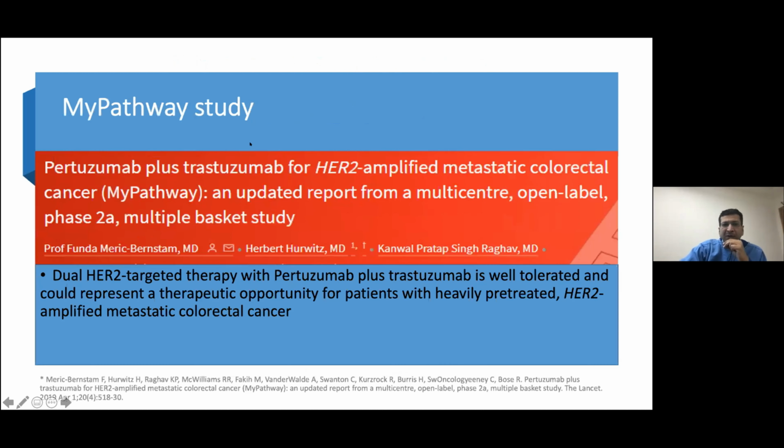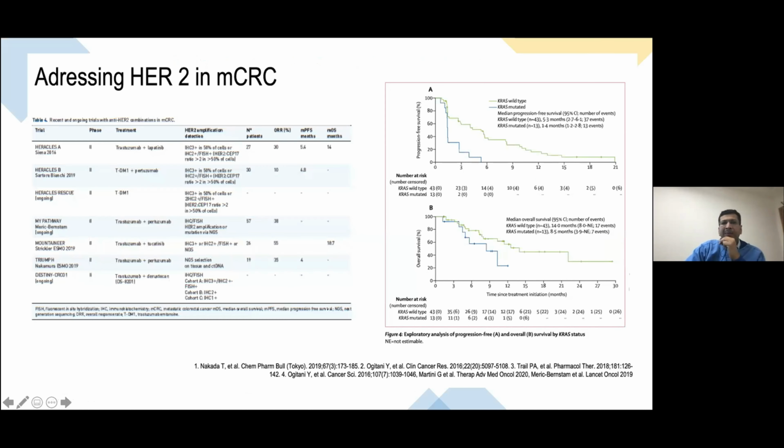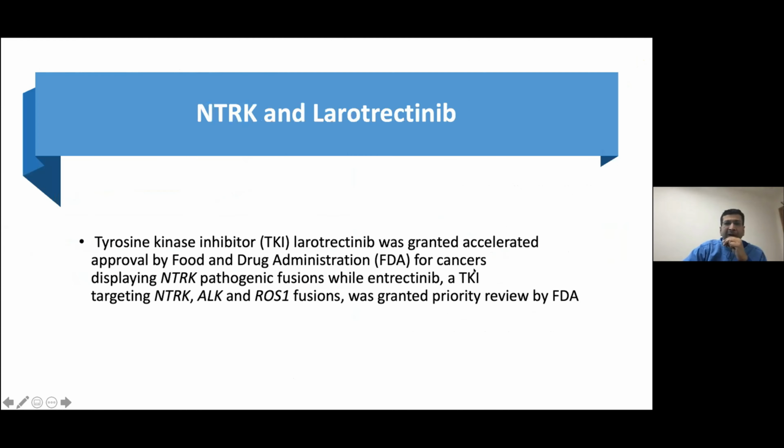And in the MyPathway study, this has shown promising results where trastuzumab was combined with pertuzumab. So we have something to manipulate. So there are studies like MOUNTAINEER, MyPathway, TRIUMPH, and HERACLES, which are predictive of this.